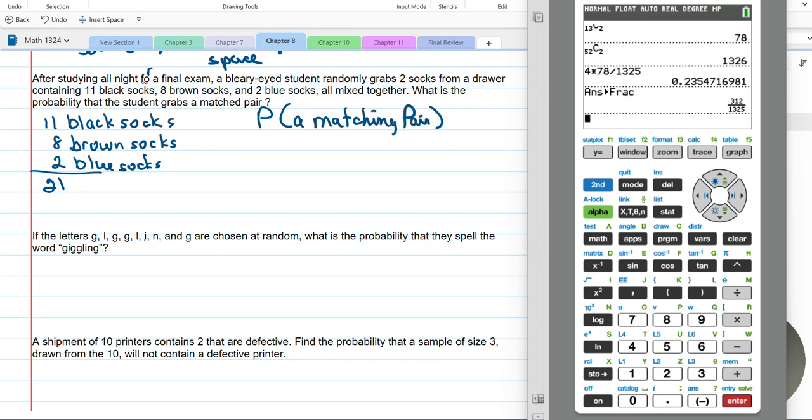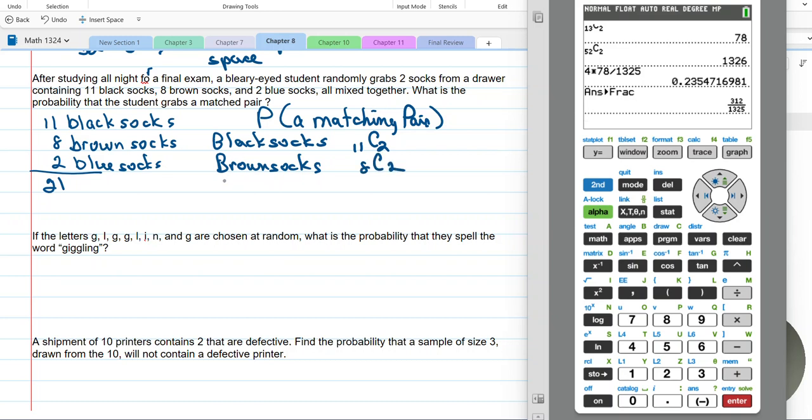All right, so we have all kinds of conditions. So we have the black socks, so that would be 11 choose 2. Then we have the brown socks, and that's 8 choose 2.